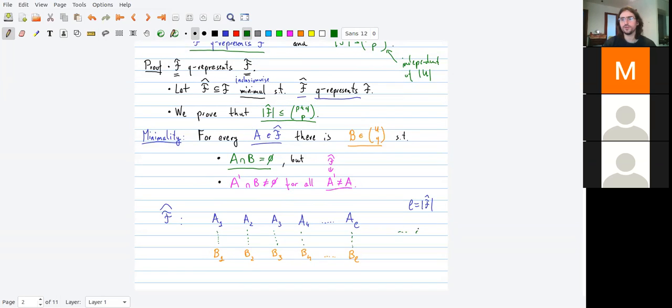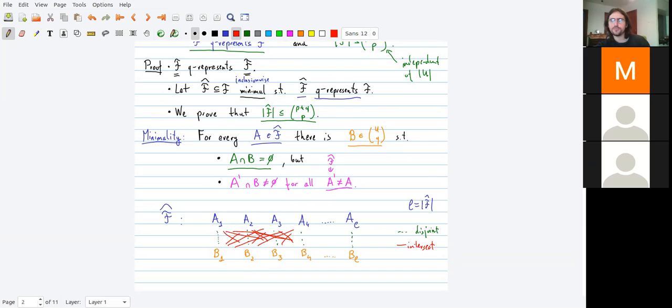However, whenever I look at AI and BJ from a different pair, then they do intersect. So the interaction between the AIs and BIs is like a co-matching, a complement of a matching: in pairs they are disjoint, but across the pairs they do intersect.